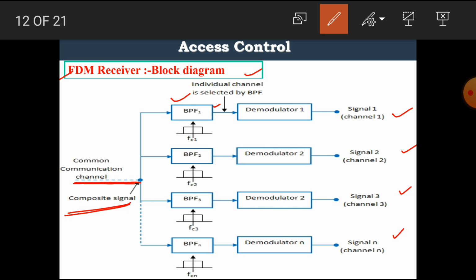That means band pass filter BF1 has central frequency FC1, band pass filter BF2 has central frequency FC2, and so on. Then the signal is given to the demodulator. The demodulator removes the carrier from the modulated signal and we get the original signal as it is.